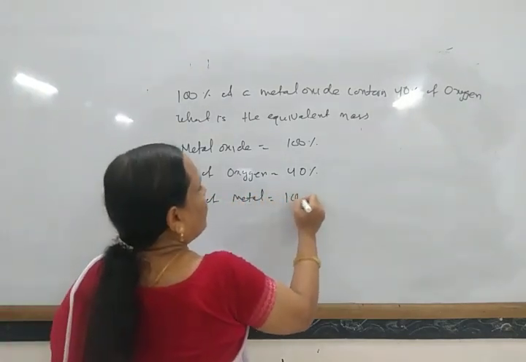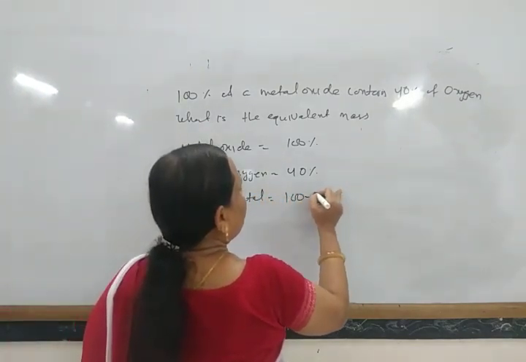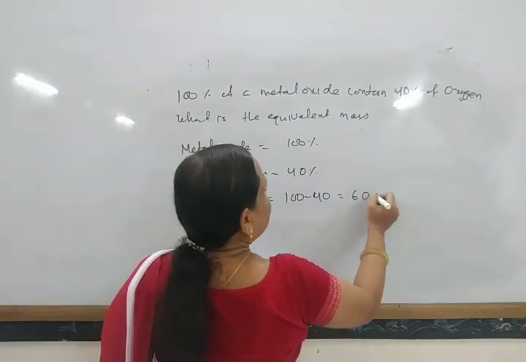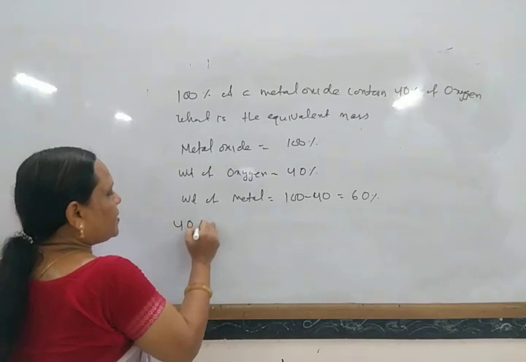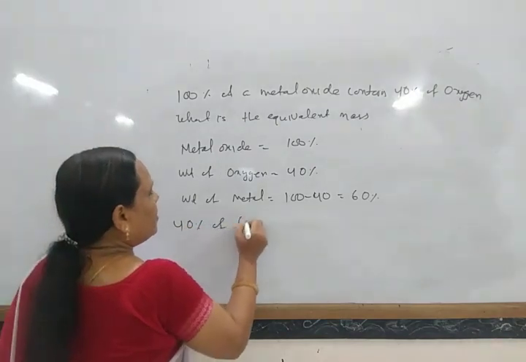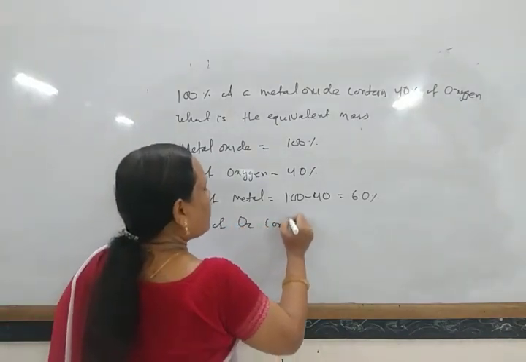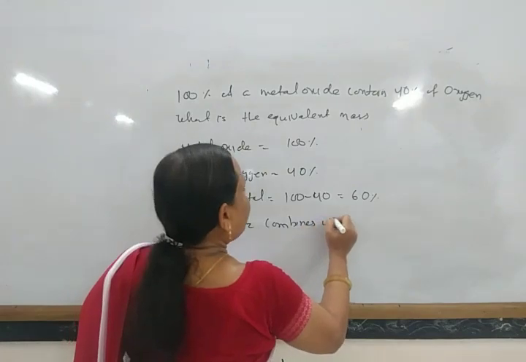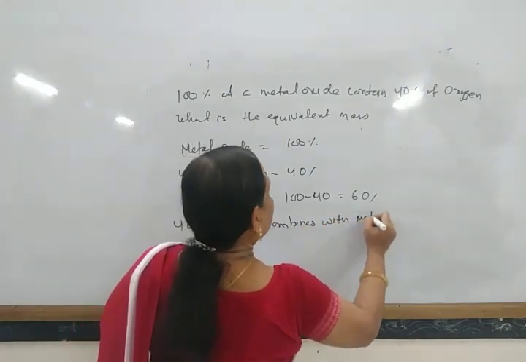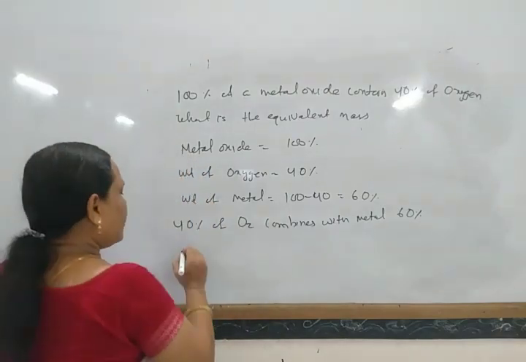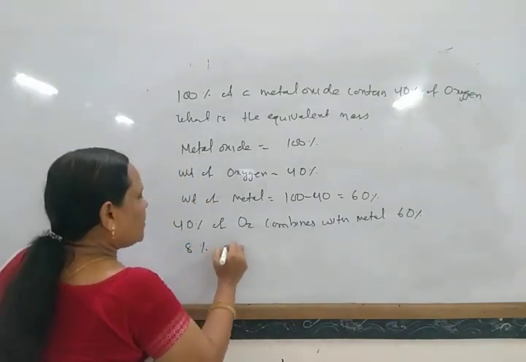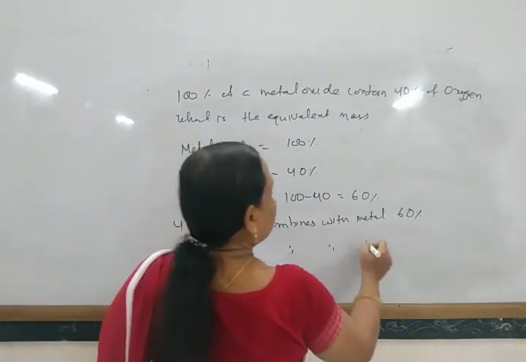The weight of metal is 100 minus 40, that is equal to 60%. So now we can write 40% of oxygen combines with metal 60%. Then 8% of oxygen combines with metal.